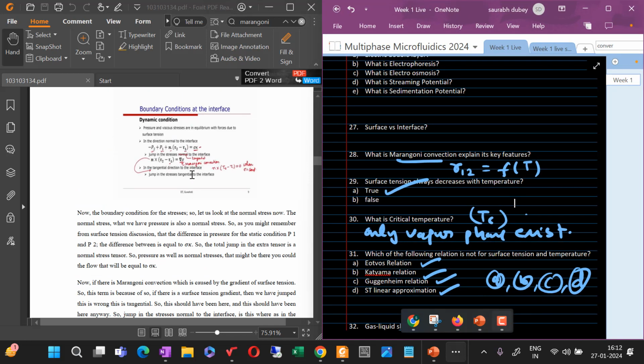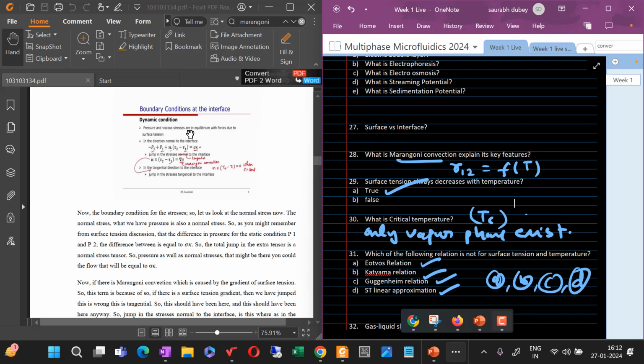Here, this is the normal balance I wrote here also, the dynamic condition. Why dynamic? Because the interface is fluctuating. So the pressure and the viscous stresses are in equilibrium with the force due to the surface tension. The first two terms, minus P2 plus P1, are the pressure balance, plus n dot tau 2 minus tau 1, which takes care of the viscous stress, where tau is mu du by dy.